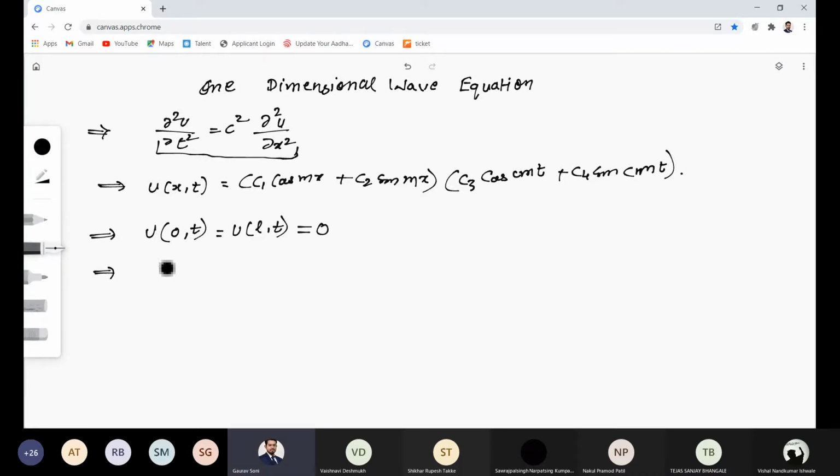And the conditions are ∂u/∂t at t = 0 is 0. Initial velocity, in most examples it will be 0, or in some cases it can be some other function f(x). And u(x, 0) is equal to g(x).